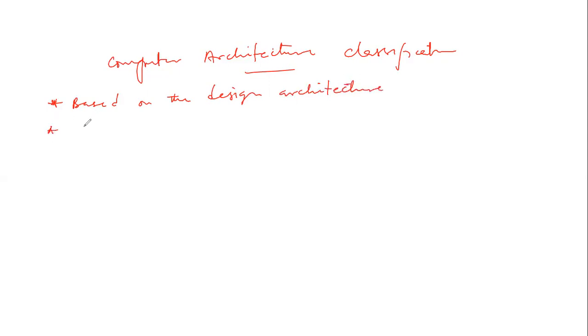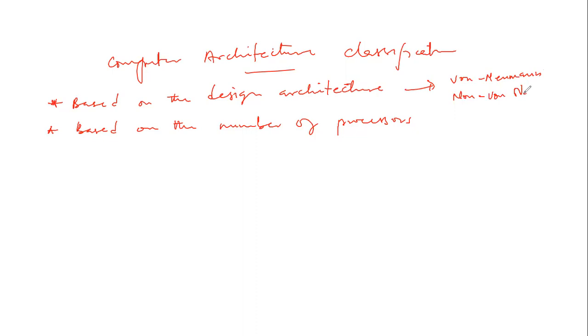And the second will be based on the number of processors. Based on the design architecture, we have the von Neumann and the non-von Neumann architectures, right? For the non-von Neumann, we have the Harvard and the modified Harvard.